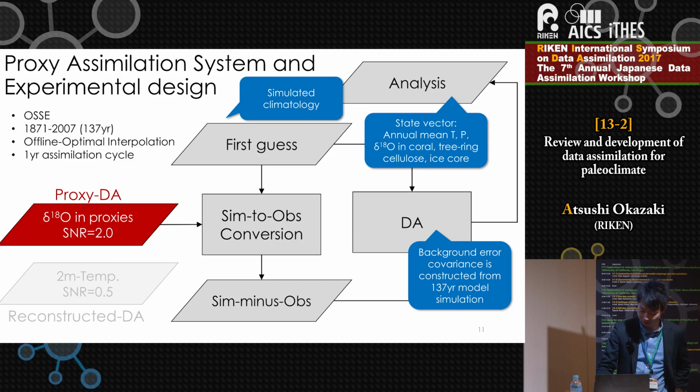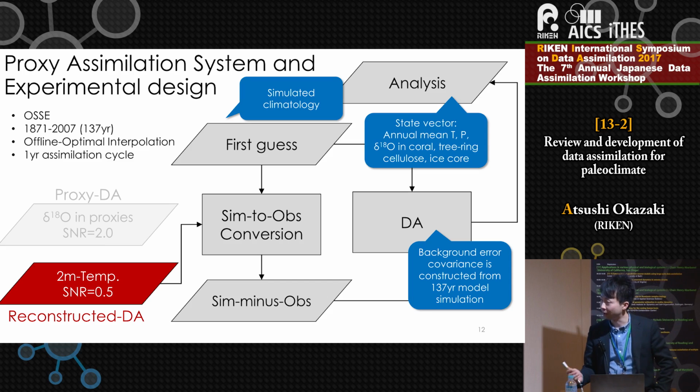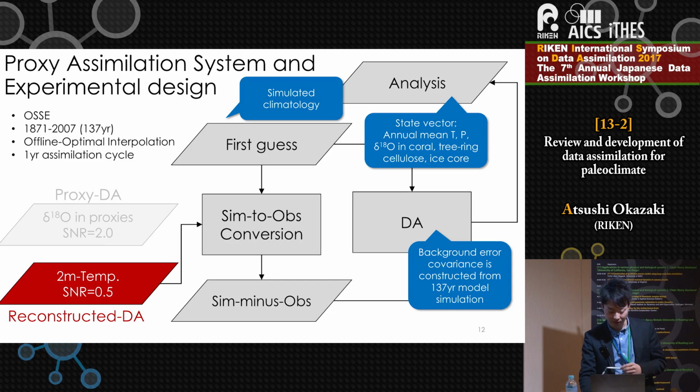One is assimilating proxies directly, where I set the observation error to 2 in signal-to-noise ratio. The value is based on measurement error. The other experiment is reconstructed data assimilation, in which we assimilated 2-meter temperature. I set a signal-to-noise ratio of 0.5, which is based on previous research.